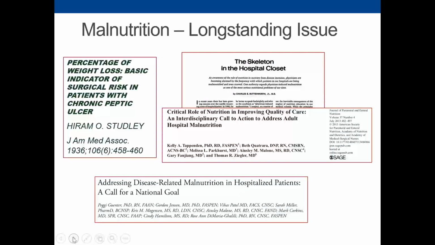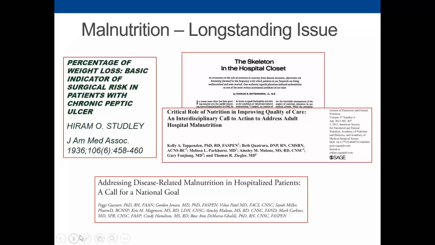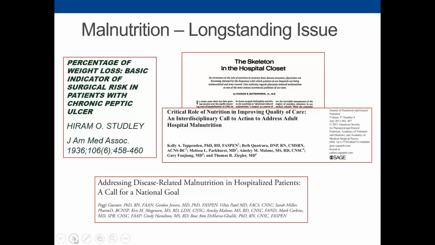I think I don't need to really tell you, because I believe I'm preaching to the choir, that malnutrition is certainly a long-standing issue. And interestingly, as early as the 1930s, there was a first report of a relationship between a nutrition issue and a negative outcome. And this was in JAMA.